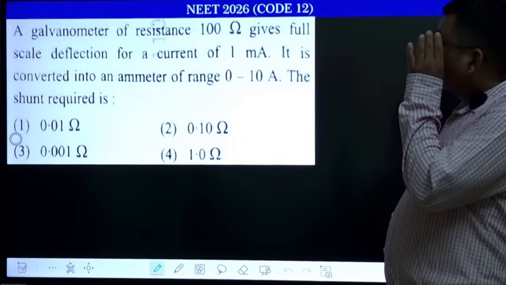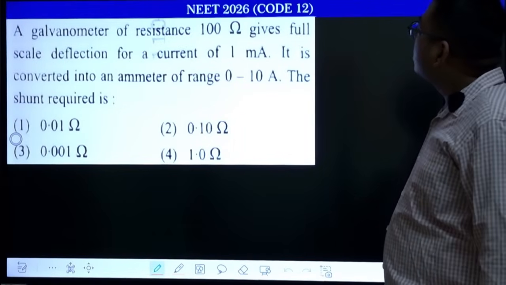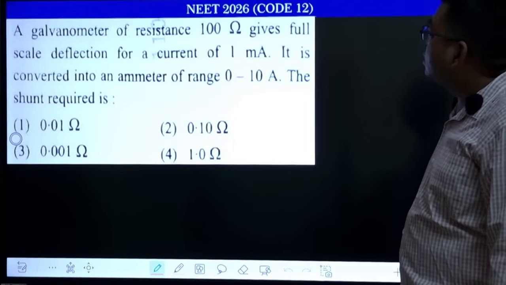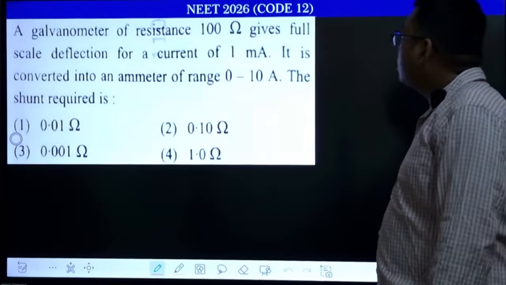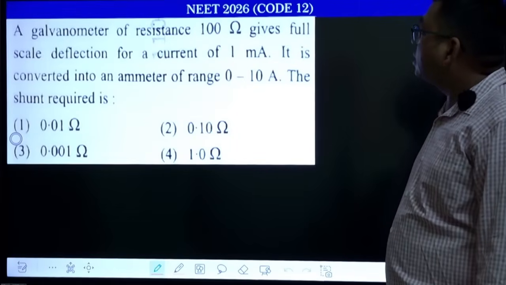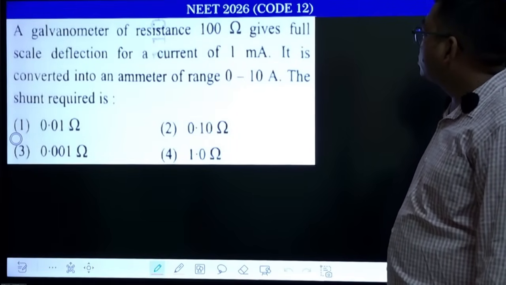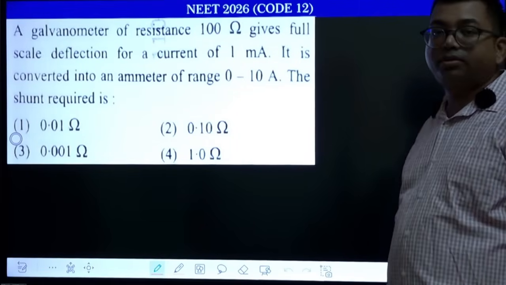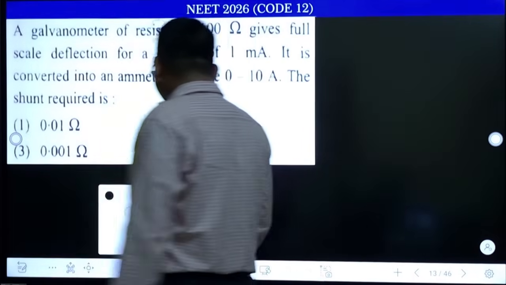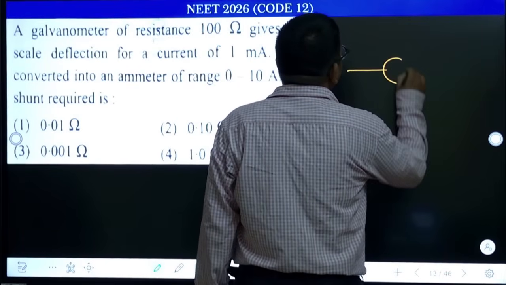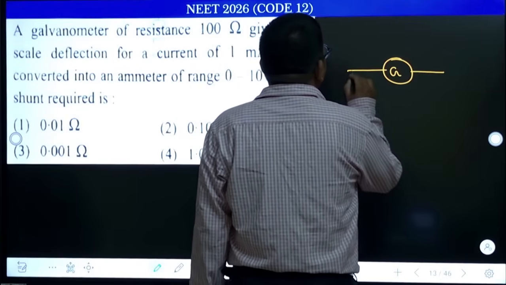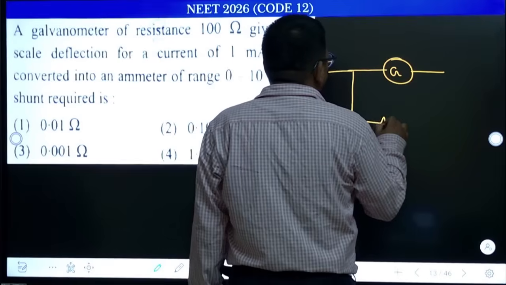A galvanometer of resistance 100 ohm gives full scale deflection for a current of 1 milliampere. It is converted to an ammeter of range 0 to 10 ampere. The shunt required is? So for an ammeter you have to put a shunt in parallel. Suppose this is the galvanometer and you have to put a shunt parallel.